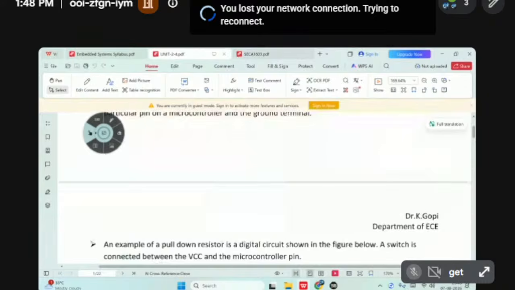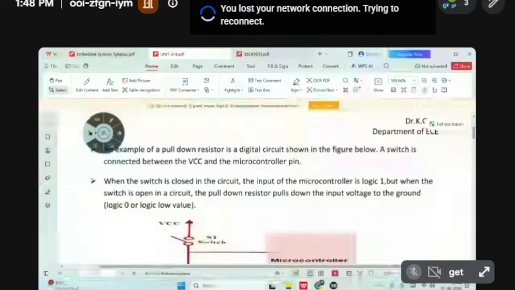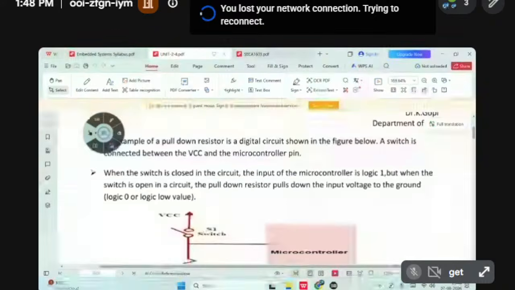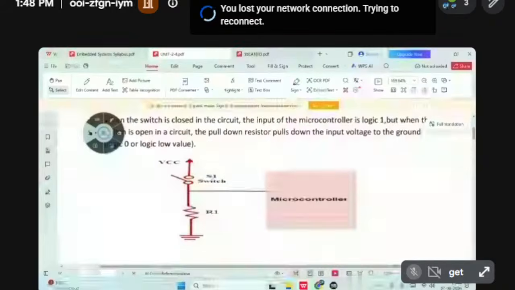Suppose we have some microcontroller. So this may be the microcontroller. There is a lot of difference between a microcontroller and a microprocessor. I will tell you later.